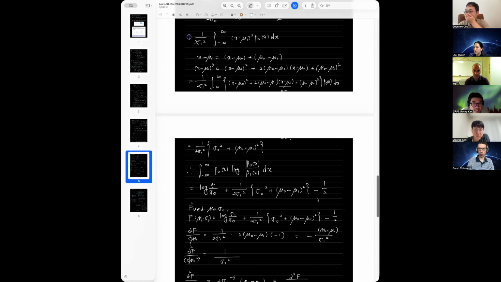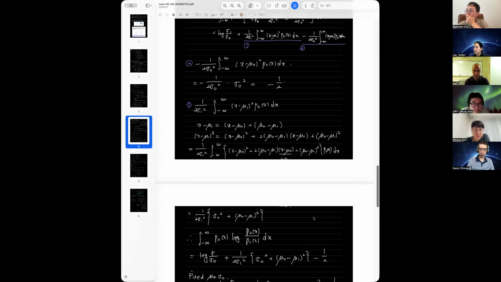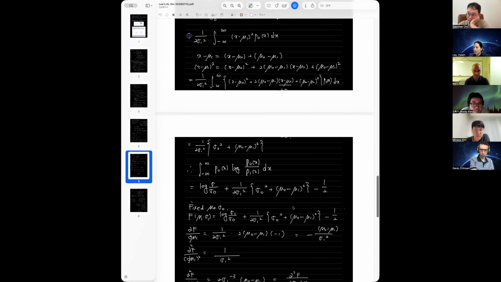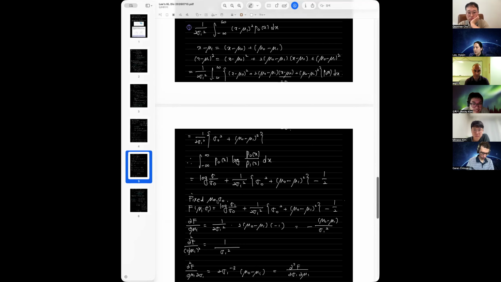We want to see the KL divergence in the view of Taylor expansion, so we fix mu0 and sigma0, because we want to see how far mu1 and sigma1 are from mu0 and sigma0.